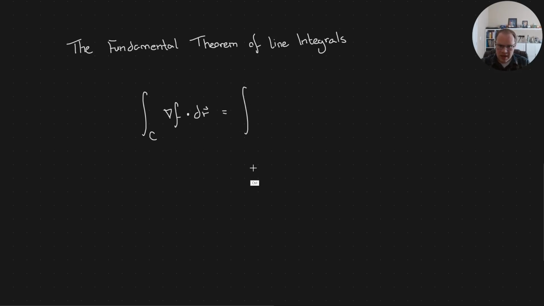And it says that if I have an integral over a gradient function, okay, if my vector field is the gradient of a function, then instead of having to do the whole line integral, I just need to evaluate f at the endpoints of the curve C. Okay. So this is just going to give me f of the endpoint of curve C minus f of the starting point of curve C.